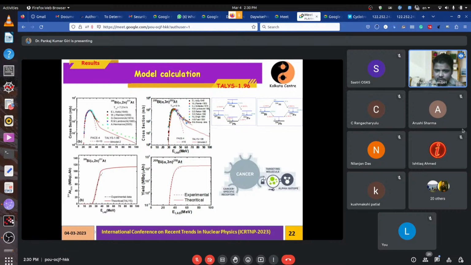This radioisotope is clubbed with a protein molecule and can lock onto the cancer cell, continuously emitting alpha particles, which will eventually cure the tumorous or cancer cell.